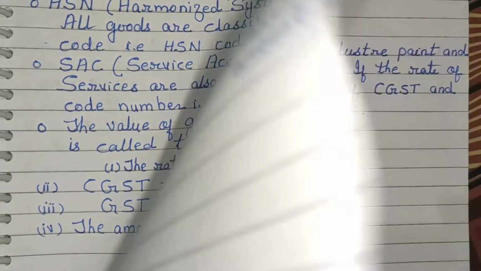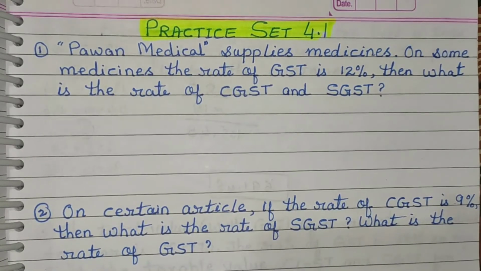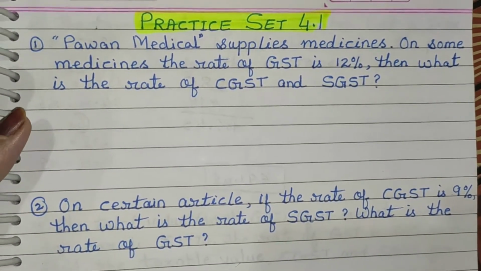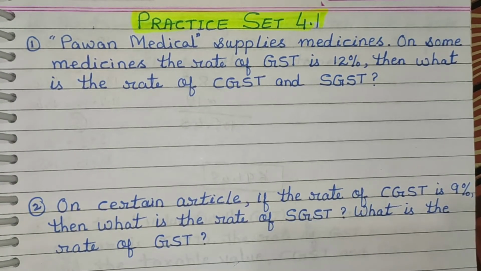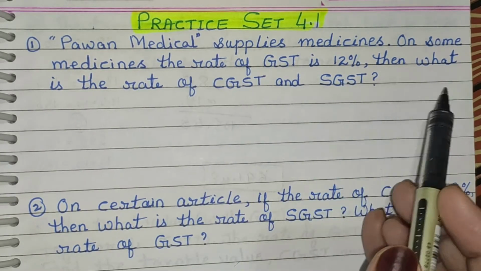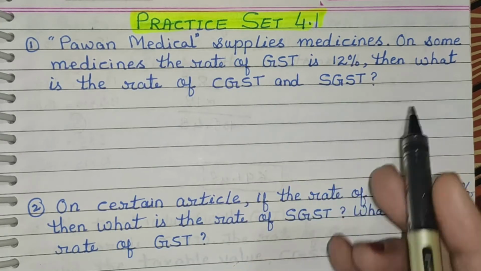Now look at practice set 4.1. First question is: Pawan Medical Supplies medicines. On some medicines the rate of GST is 12%. Then what is the rate of CGST and SGST?